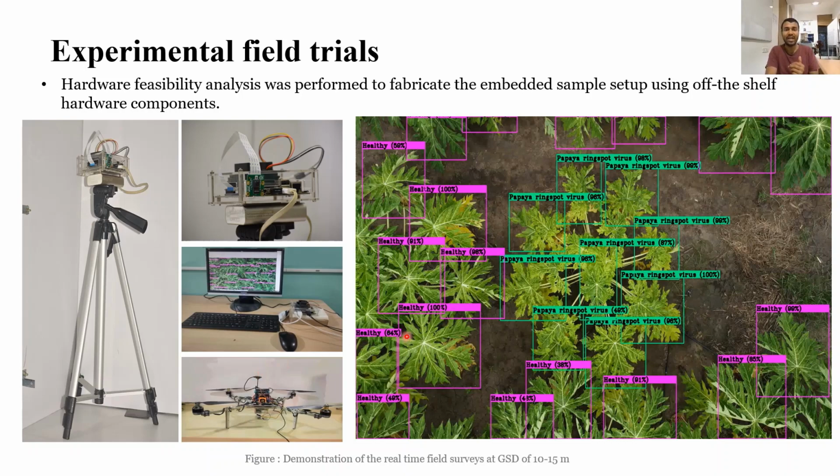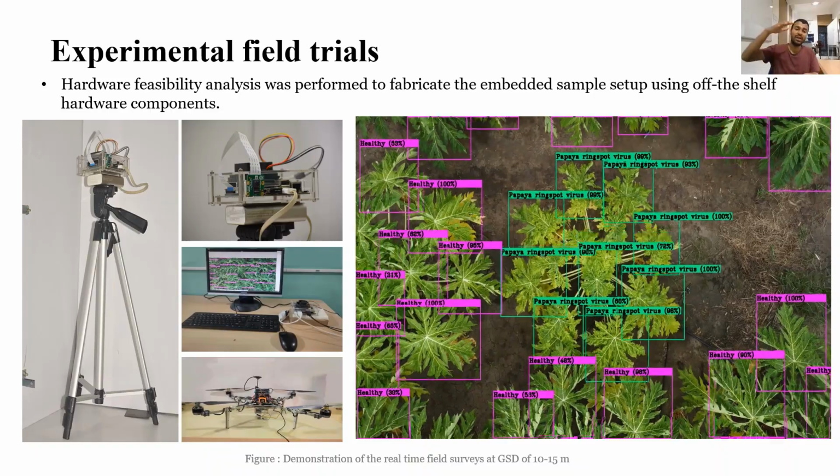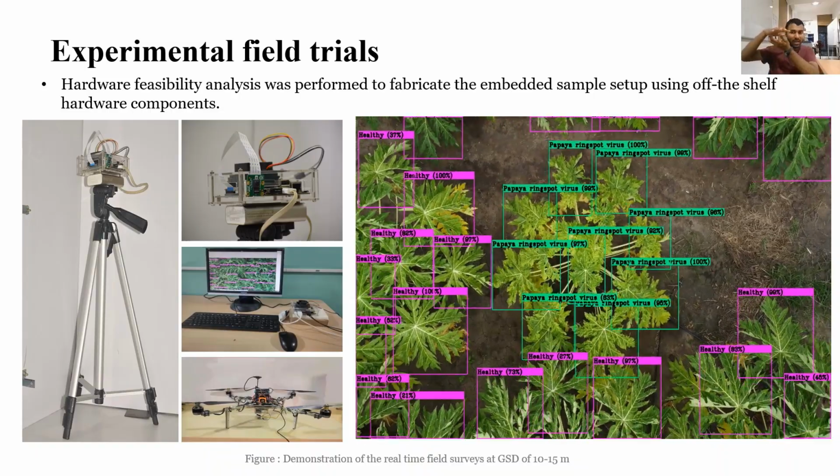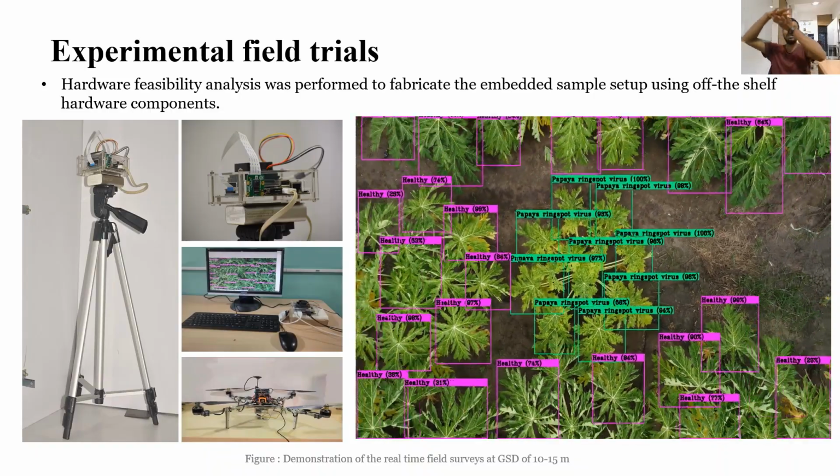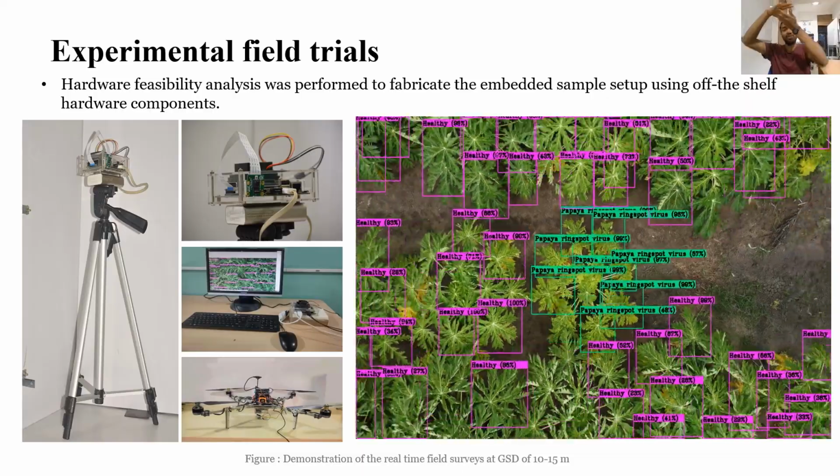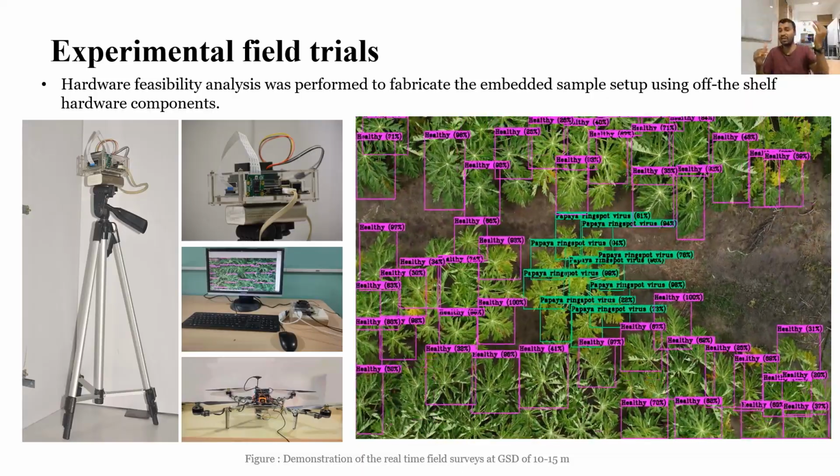And one of the major conclusions in this study was, as you can see over here, that when we mounted the sample payload on the mobile aerial robot, with an increase in the ground sampling distance, there was an increase in the inference time also.